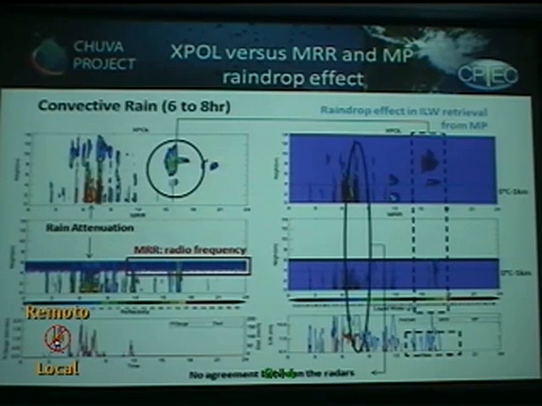This is a vapor, for example. It's rain in the cloud, but not in space. Okay. If you look at the data, the retrieval of liquid water content from the ground-based radiometer is just an effect of the raindrop. It's not the cloud rain. Okay, so you have to take that into account.